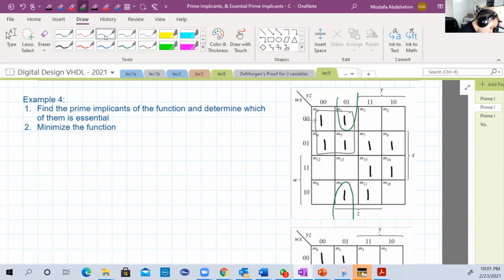The second row, this one belongs to the gray group and these four together. So we now have gray prime implicant, green prime implicant, and blue prime implicant. And it's clear now that the gray prime implicant is essential.